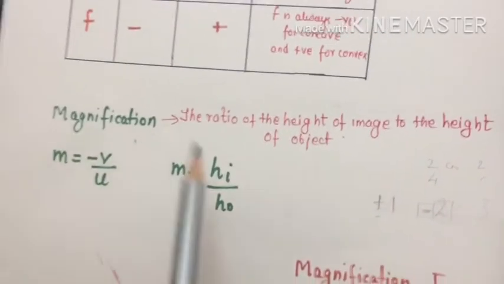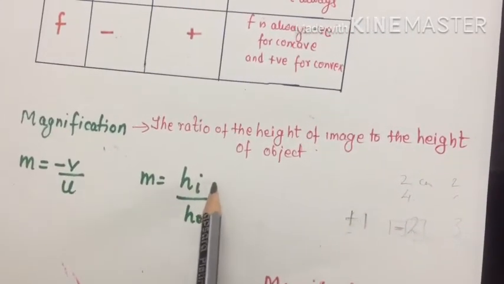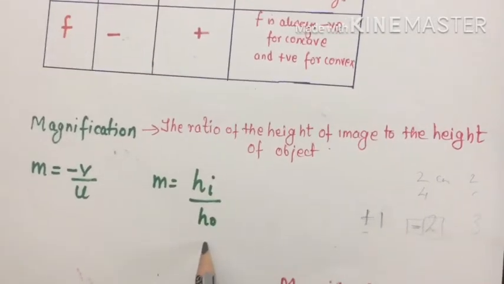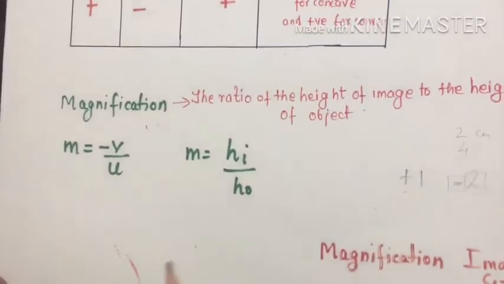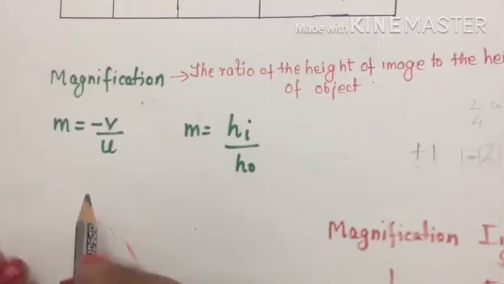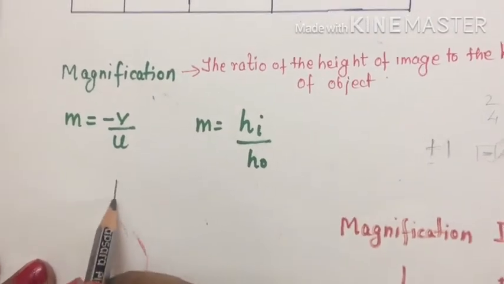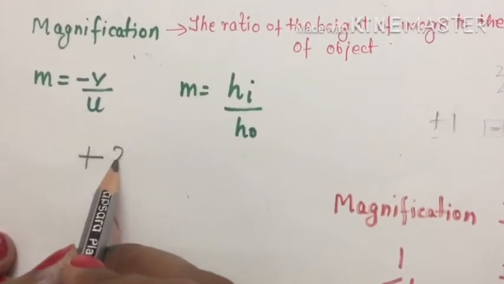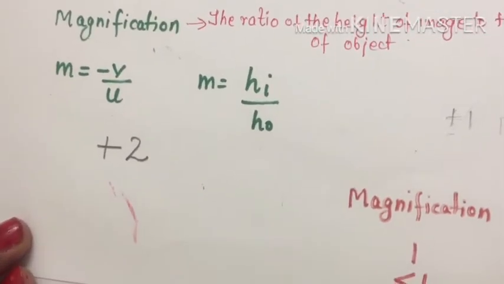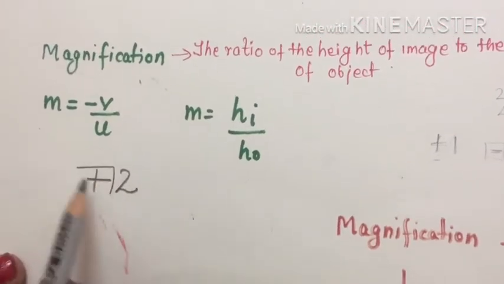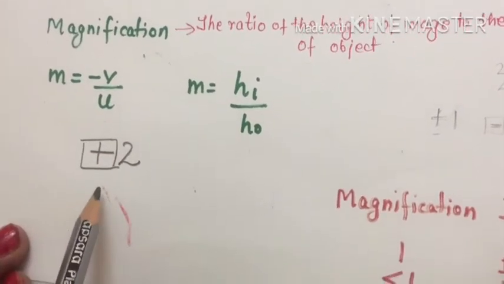According to the formula, magnification is the ratio of the height of the image to the height of the object. What does it mean? I'll explain using some numbers. Suppose the magnification comes out to be +2. The plus sign indicates whether it is virtual or real.